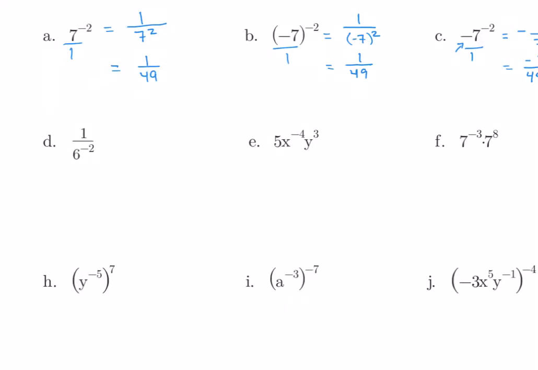So when we look at something like D, if it's in the denominator, I want to move it up to the numerator. As soon as I move it to the numerator, or just make it a 6, I can change my exponent to a positive, and 6 squared is equal to 36.